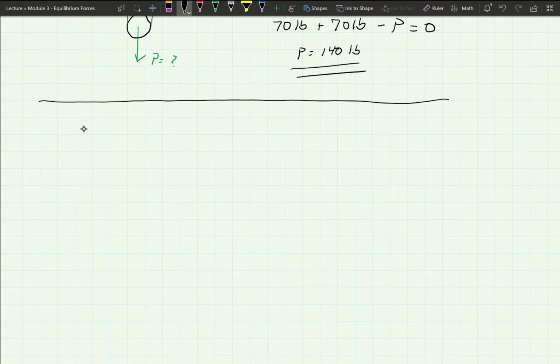So when in doubt, find the sum of the forces in the x direction, the sum of the forces in the y direction, and then down the road we'll do the sum of the forces in the z if we have them, and then you can start looking for the sum of the moments in any direction. That's generally what we're looking for.